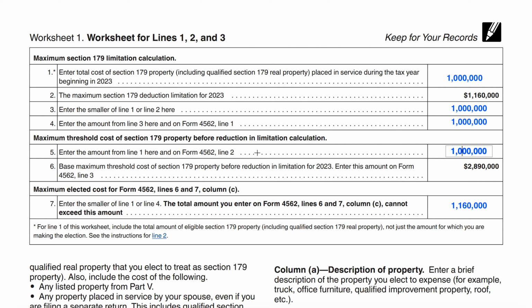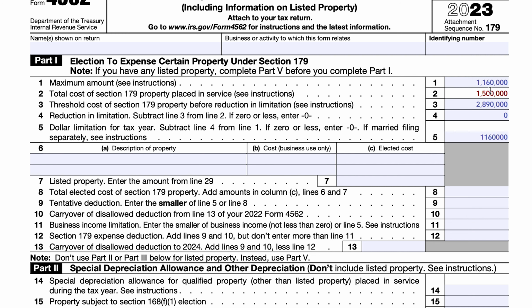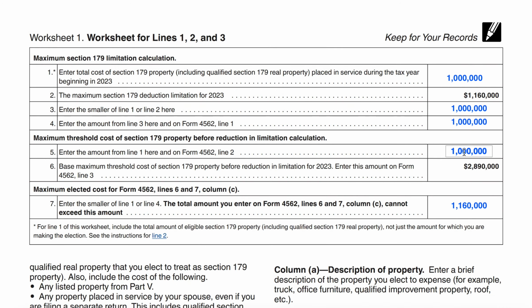We're going to enter the amount from line 1 here, and on line 2 this would change, and then we would enter that into line 3, and then we would take the smaller of either line 1 or line 4, which in this case is the same. So this amount would be the limitation, and your lines 6 and 7 could not exceed this amount.